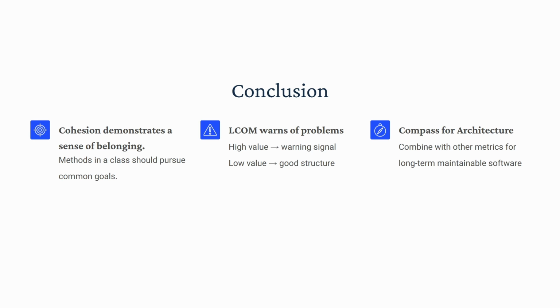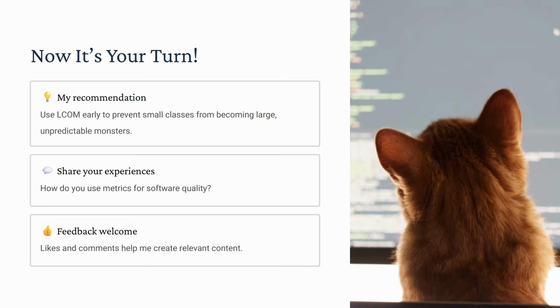The key point is, don't use LCOM in isolation, but as a kind of compass in combination with other metrics. It's not about achieving perfect values, but about keeping your architecture maintainable, extensible, and testable in the long term. If you pay attention to cohesion early in your projects, you save yourself a lot of effort later and prevent small classes from turning into large, unpredictable monsters.